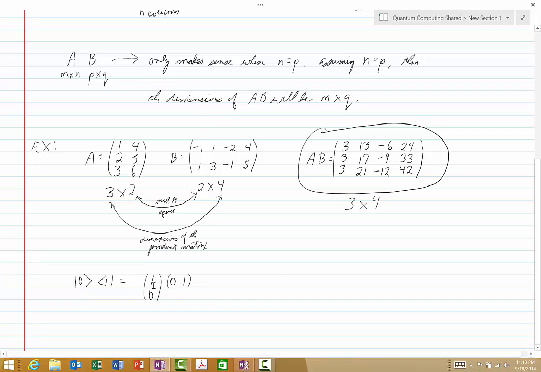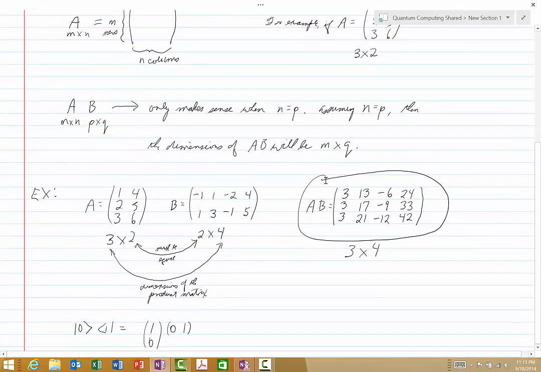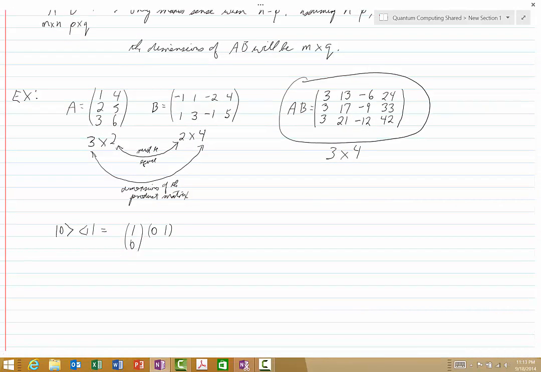So one more time, we said above that the 1 cat corresponded to the column vector 0 1, but down here we have the 1 bra, so that corresponds to the row vector 0 1. Now let's make sure the dimensions are okay to even perform this multiplication.